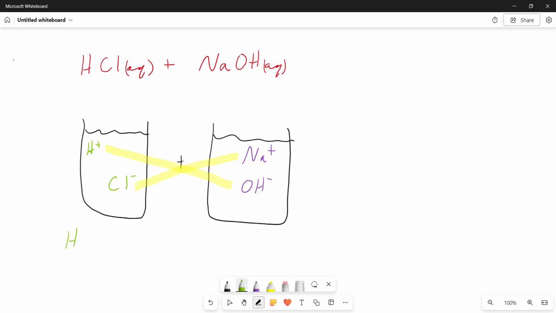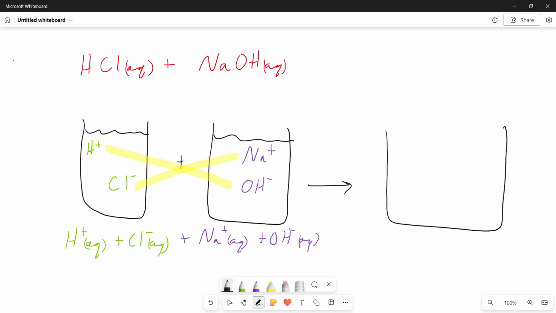We have H+ aqueous plus Cl- aqueous plus Na+ aqueous plus OH- aqueous. So we have to figure out what we get here.